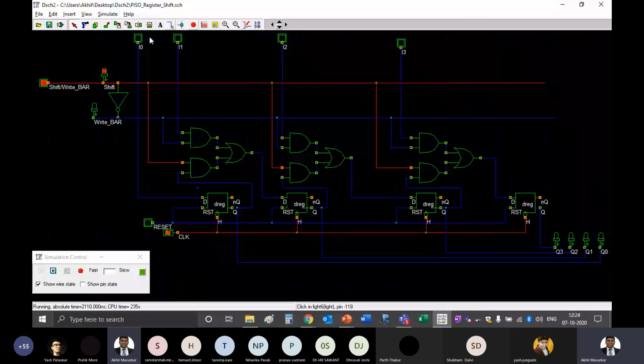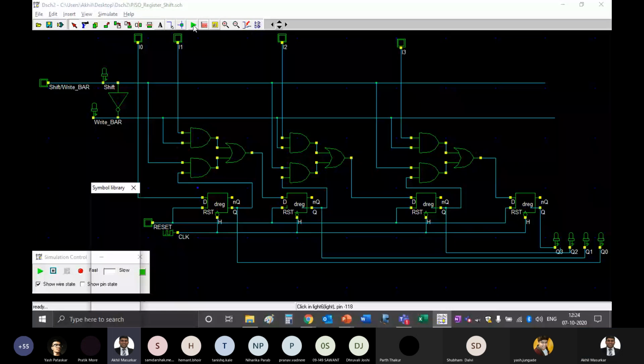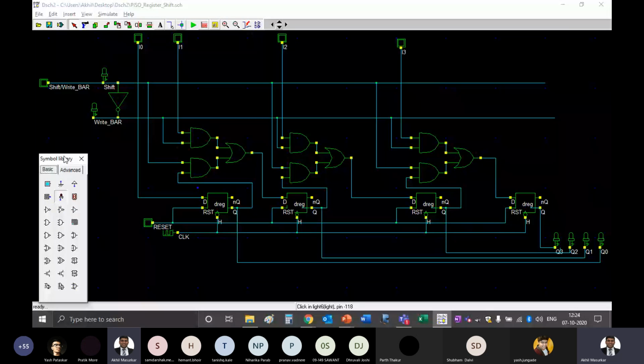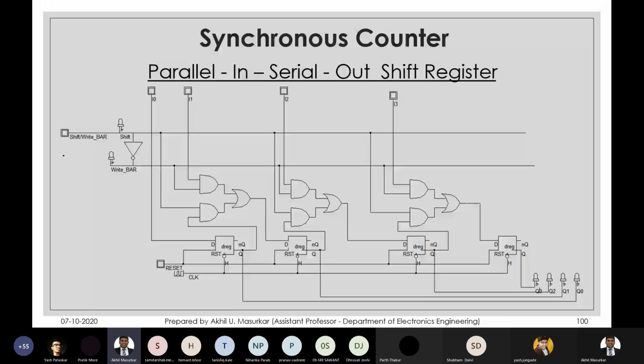So basically this is a parallel in, and then you can do a shift. So this is the diagram for the parallel in and serial out. So I can go back to this diagram here. In this diagram, this is my D0, then we have D1, this is D2, and this is D3.